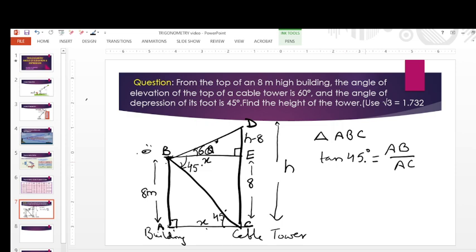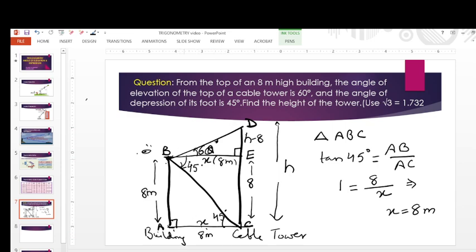What is the value of tan 45 from the trigonometric values of angles? Tan 45 is 1, equal to AB, which is 8, upon AC. We don't know AC, we have labeled it as x. So what we got is x is equal to 8 meters. Is that okay, students? So we got it as 8. So let's write here, this is 8. So naturally this is also 8.